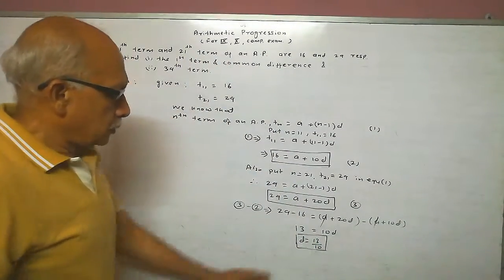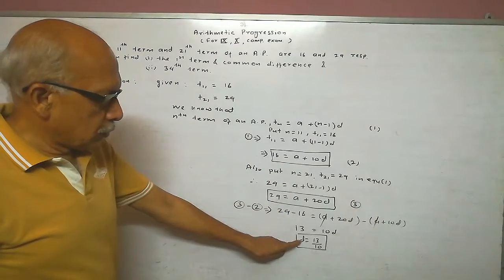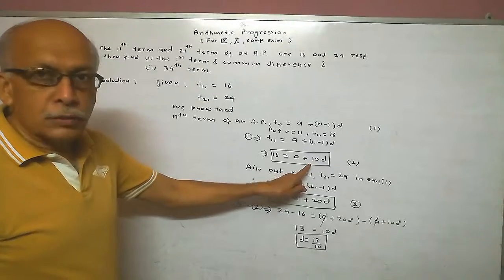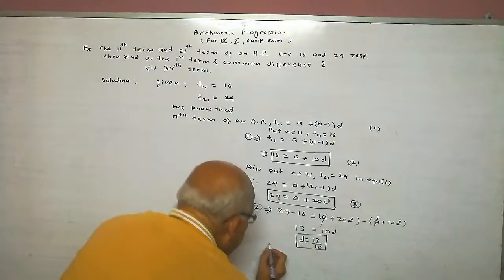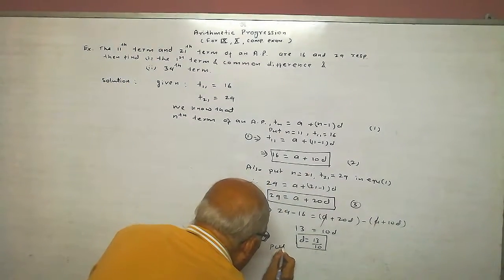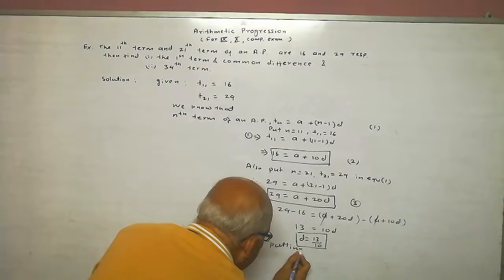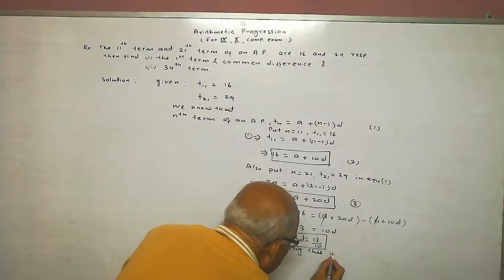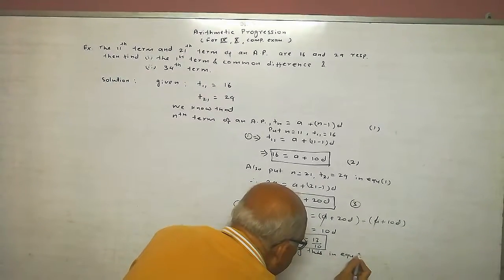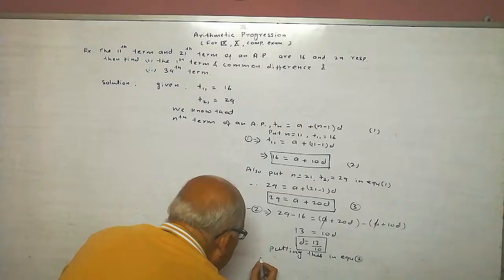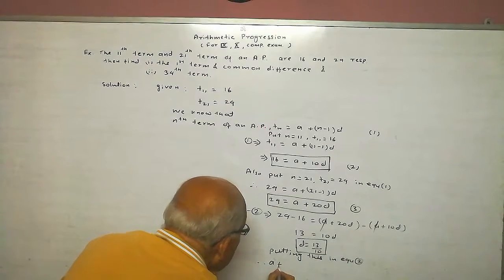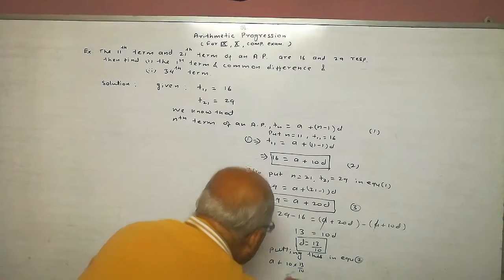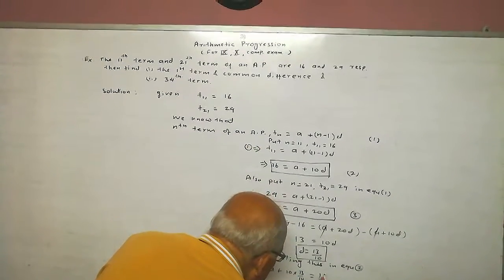Now to find a, we will substitute the value of d, that is 13 upon 10, in equation 2. Putting this in equation 2, therefore a plus 10 into 13 by 10 is equal to 16.